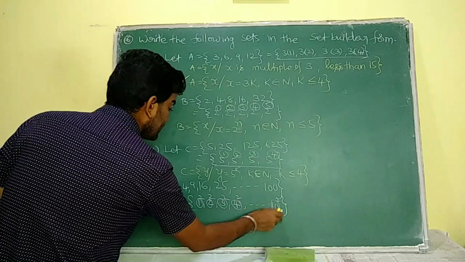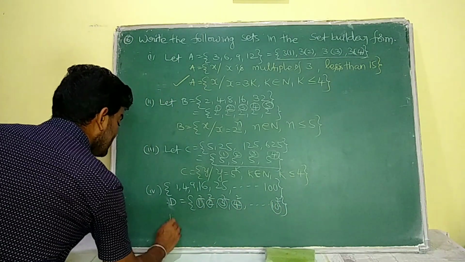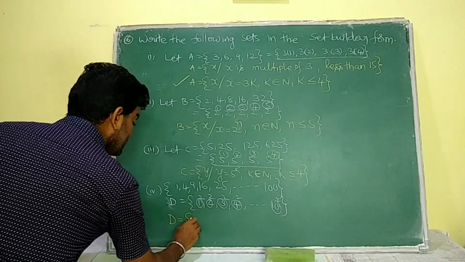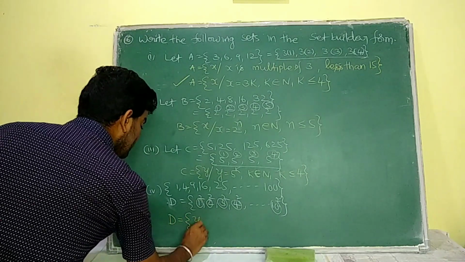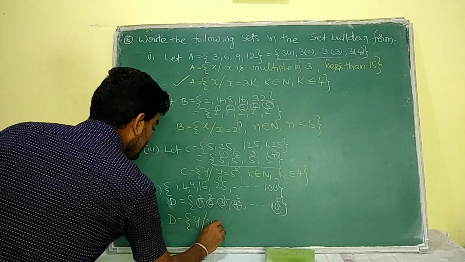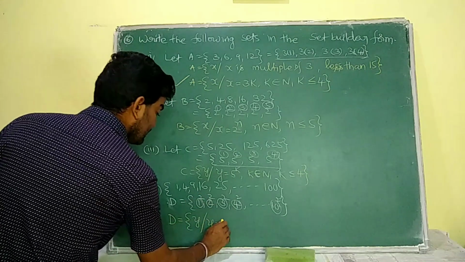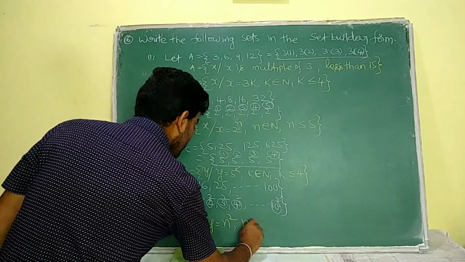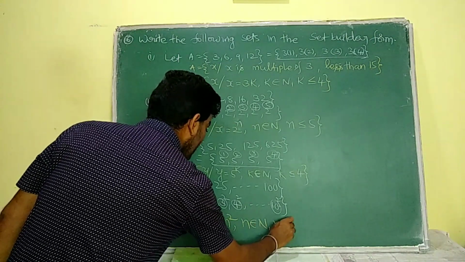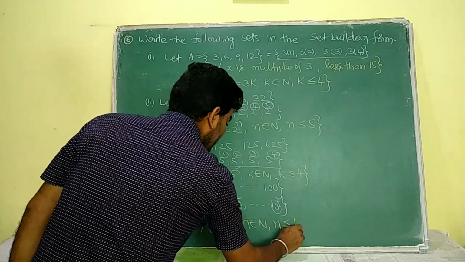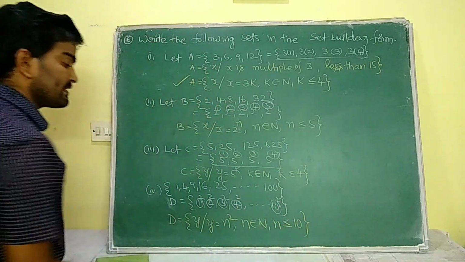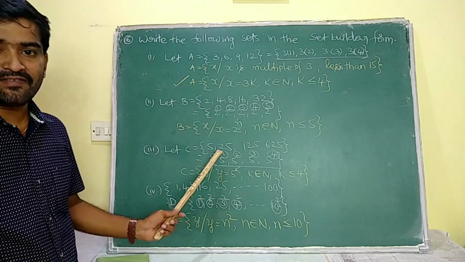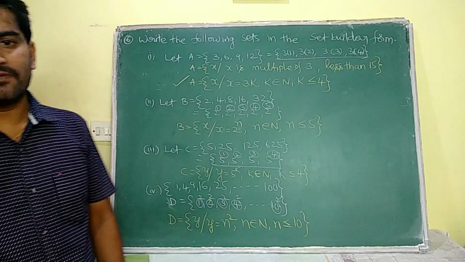So simply I will describe this set as D is equal to, all the elements of this D are like some y, and y is like some n square, and that n is a natural number, n is up to 10 only, so simply I will write n is less than or equal to 10. In this way we will write the given roster forms into set builder forms.